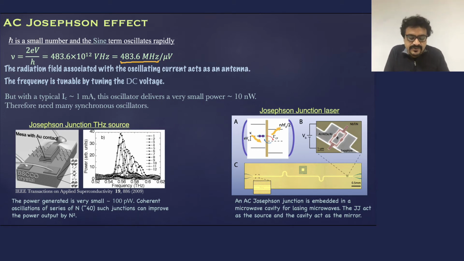Okay, so the maximum current is something of the order of a few microampere, or a few milliampere. Okay, and the power delivered by this is actually in nanowatts. Okay, so it's a very low power that you are going to get out of this single junction.